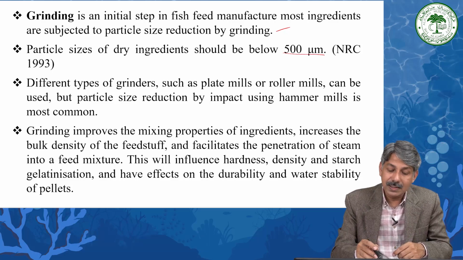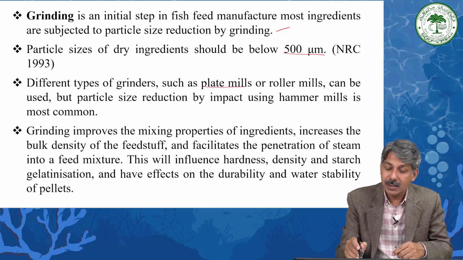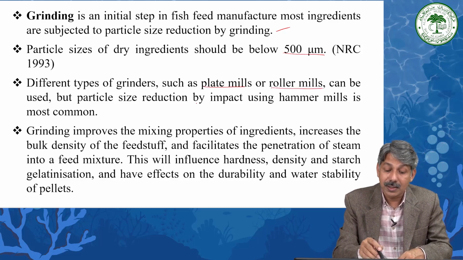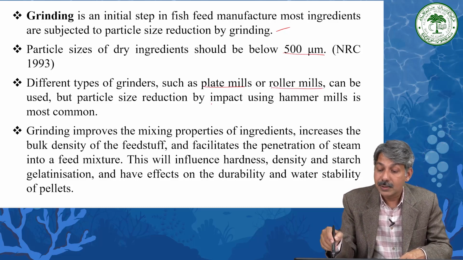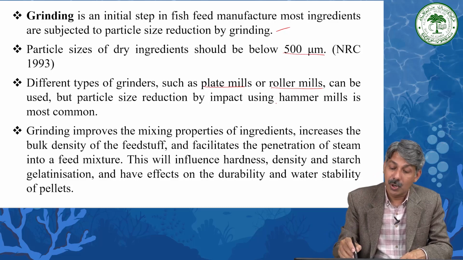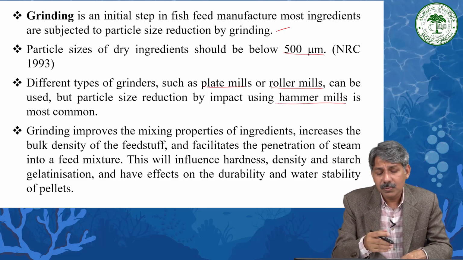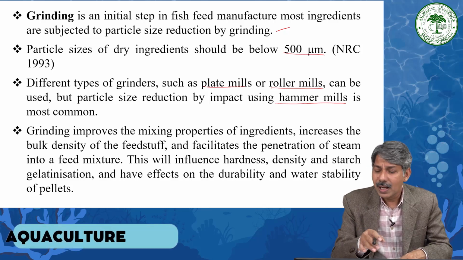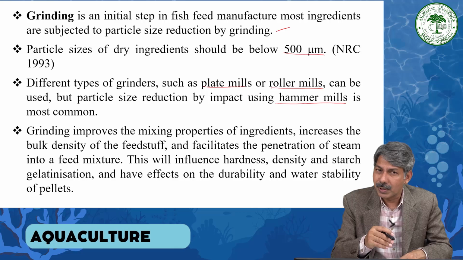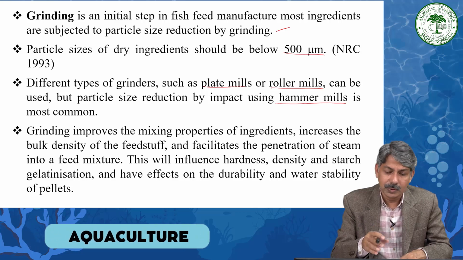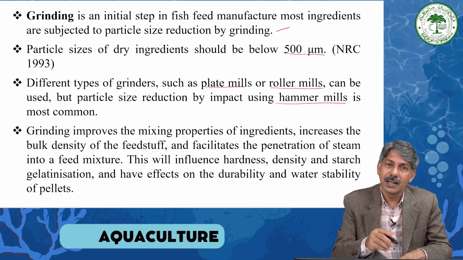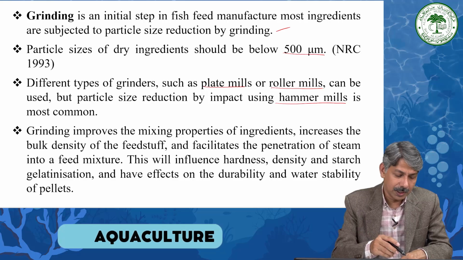Different types of grinders such as plate mills or roller mills can be used, but particle size reduction by impact using hammer mills is most common. You can use a plate mill grinder, roller mill grinder, or hammer mill grinder, but the hammer mill grinder is very popularly used, as it is very suitable for efficiency and the size that you desire.